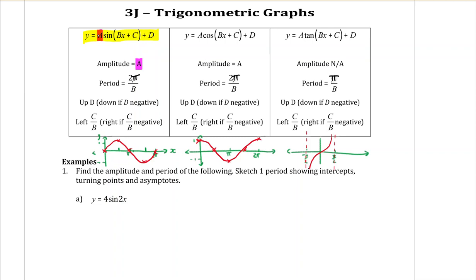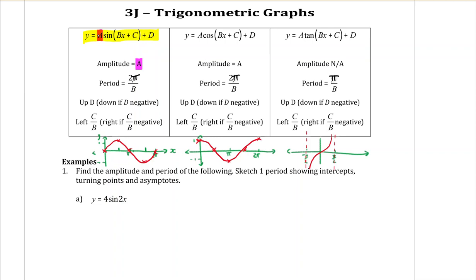The period of a normal sine graph is 2 pi. That's how long it takes to do one rotation. We could keep drawing a second or a third, or we could even go backwards this way if we wanted to. So 2 pi is the original period of the graph. If I put a number in front of my x, that is going to change the period.